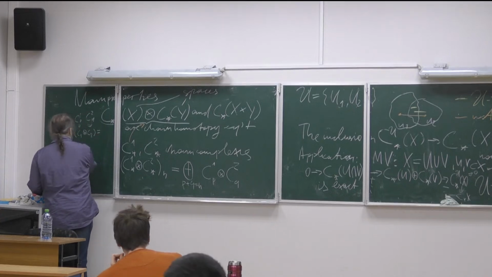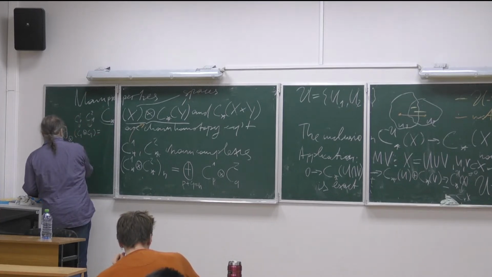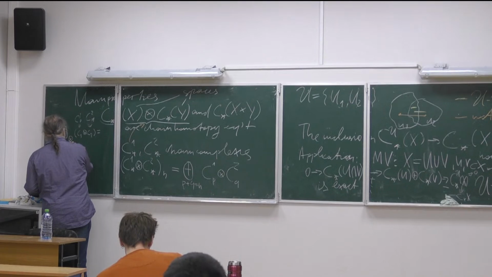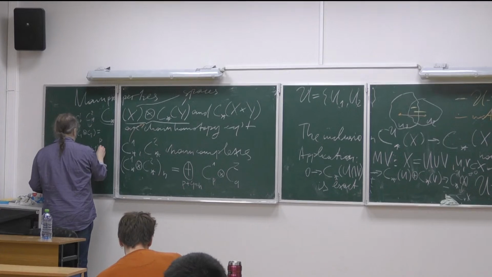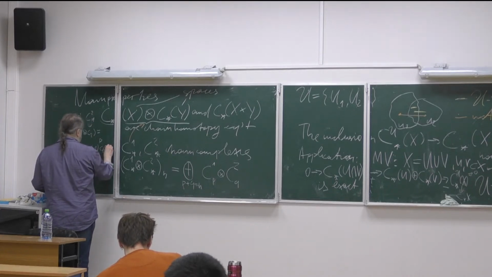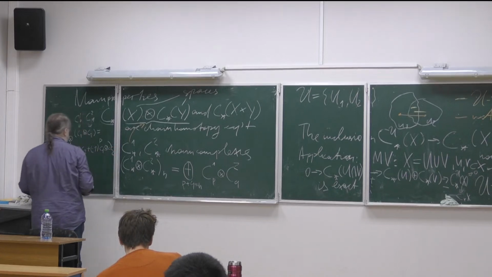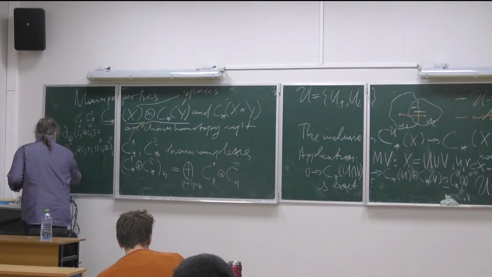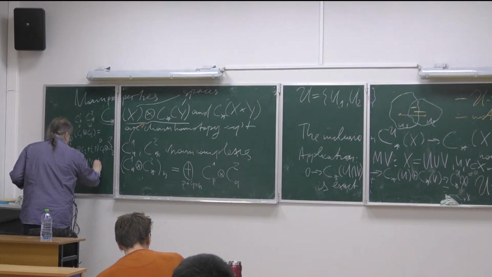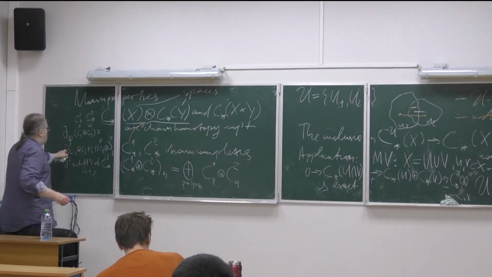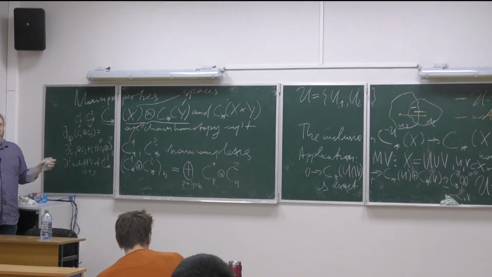And then I set the result to be delta1 c1 tensor c2 plus minus 1 to the p, c1 tensor delta2 c2, where delta1 is the differential of C1 and delta2 is the differential of C2.